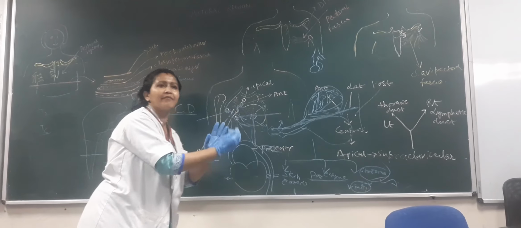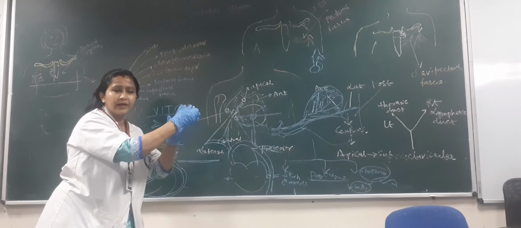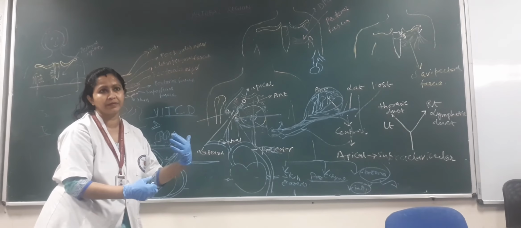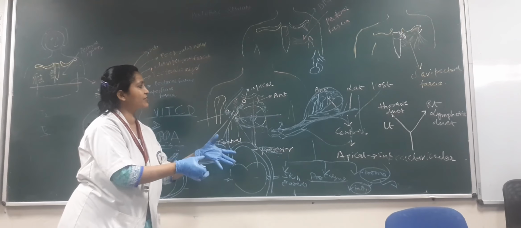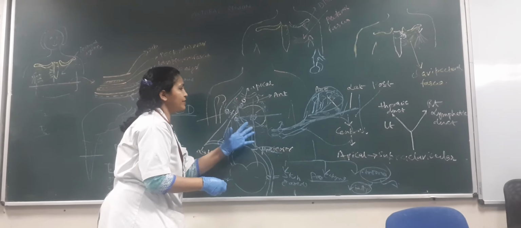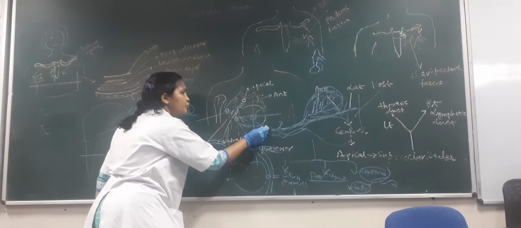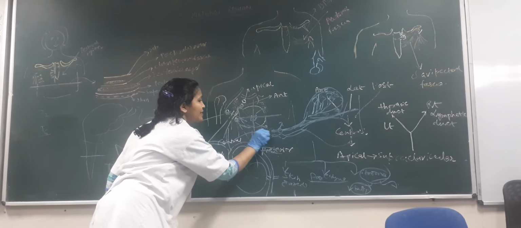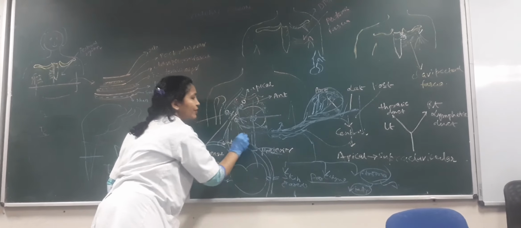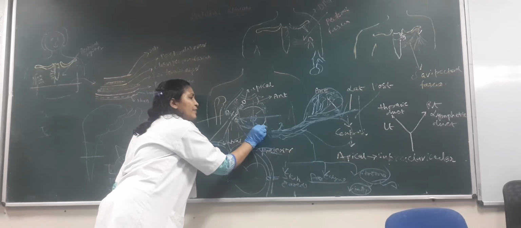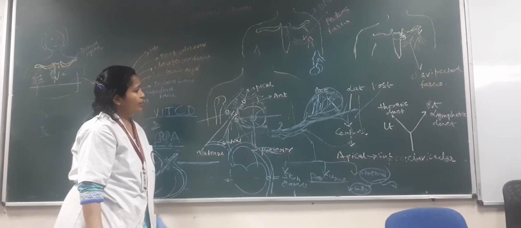It is the cavity of the thorax in the middle, in between the two lungs. Within the mediastinum, the heart lies, and also there are various structures. So the mediastinal lymph node, just as here is the diaphragm, here is the mediastinum, inside this, so here is the mediastinal lymph node.